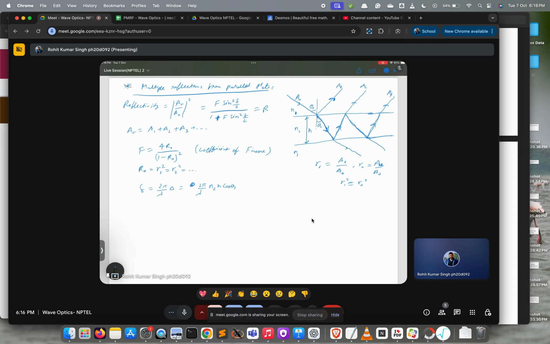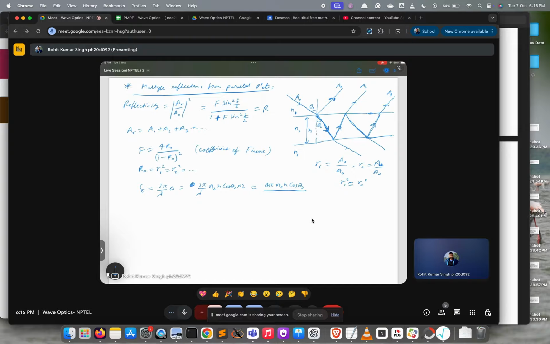So h cos theta is this distance here, multiplied by 2 because it is traveling 2 times, and since it is in a refractive index of n2, the path difference is multiplied by n2. So finally you will get 4 pi into n2 h cos theta 2 by lambda.